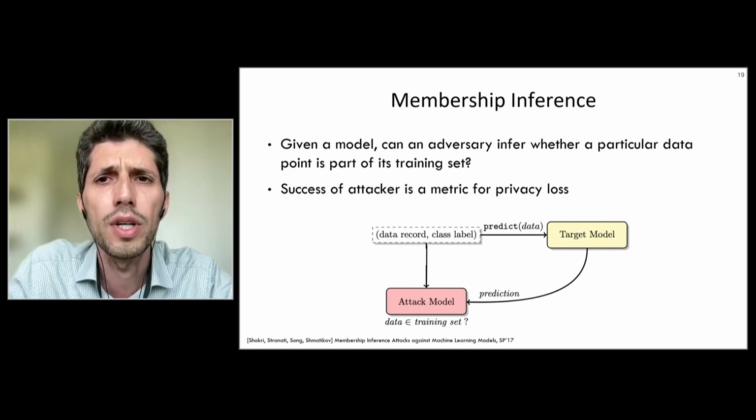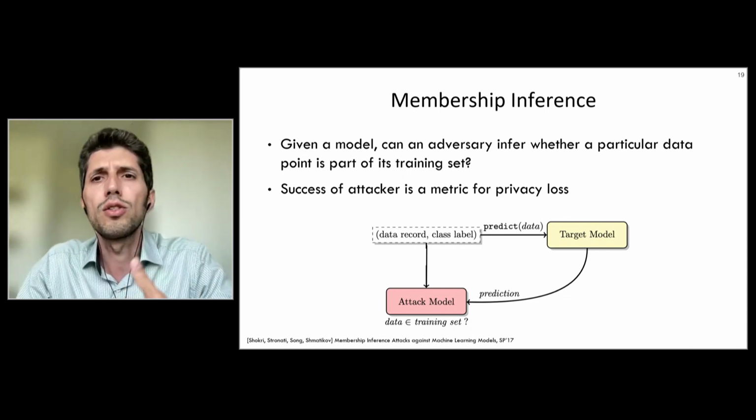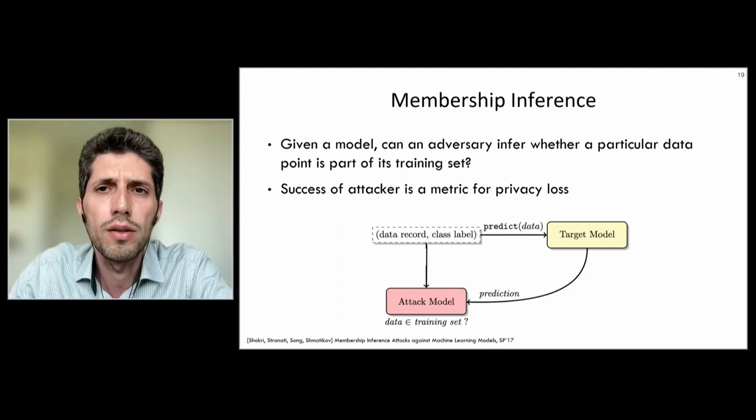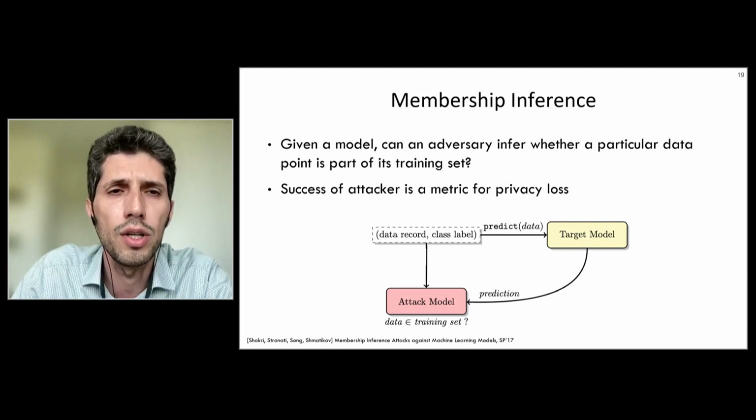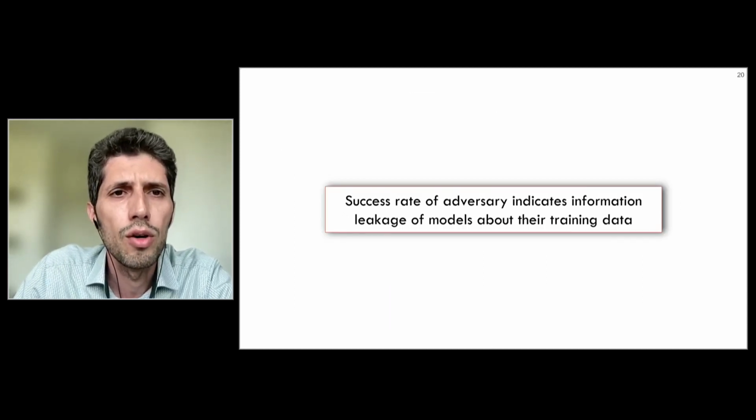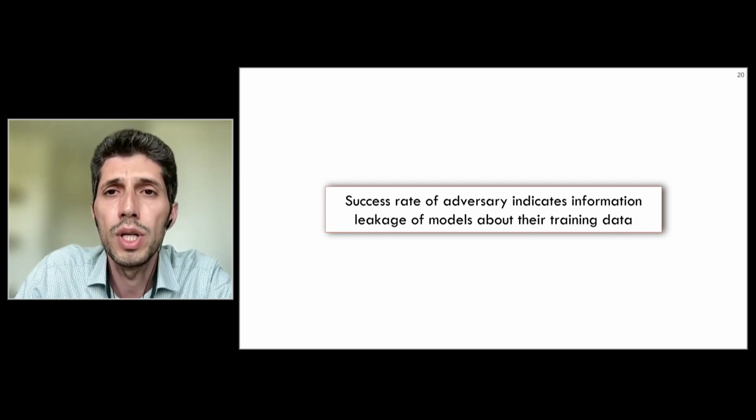So membership inference is somehow equivalent to re-identification attacks, but in the context of machine learning. And the success rate of this attack, as I mentioned, would be a good indicator for leakage and privacy risk.